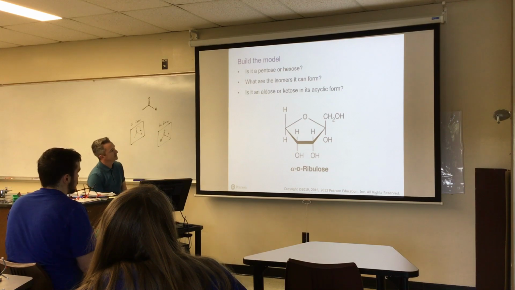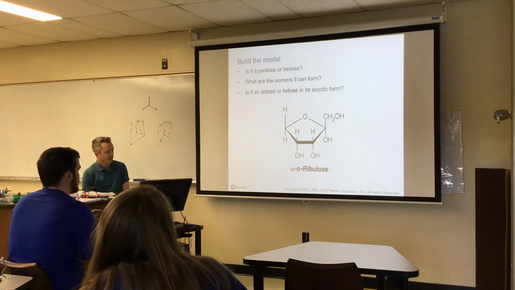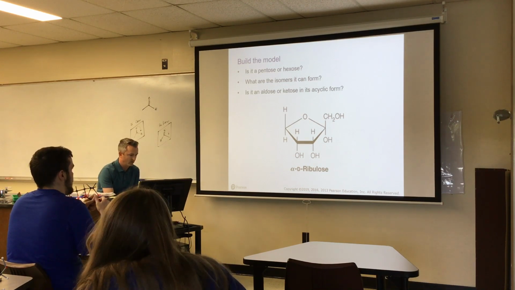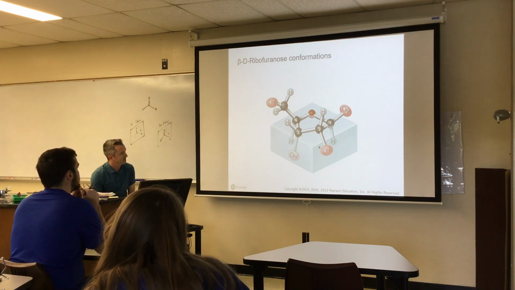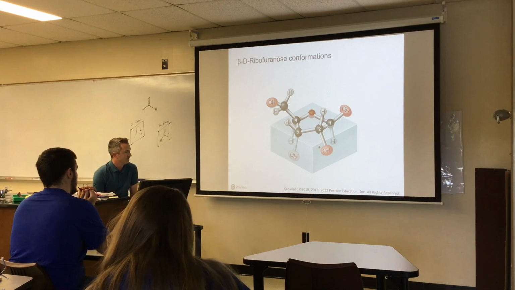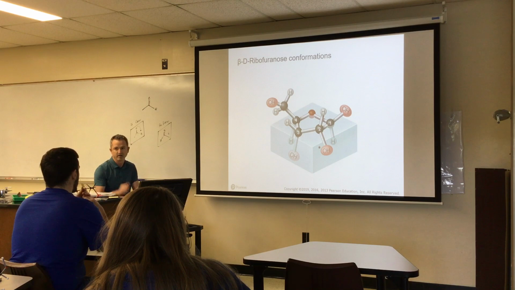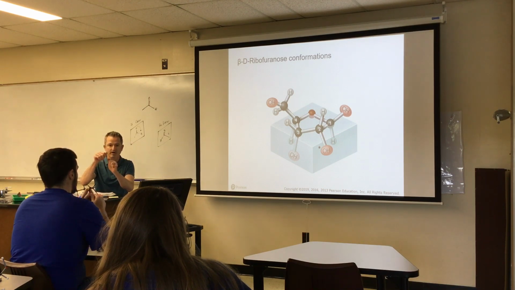This was kind of the activity I was going for. I changed that just a little bit. We already went through and did what I wanted to do for that. The interesting thing about the 5-membered pentoses, or the furanoses, is that they have these weird, wonky, out of plane orientations.